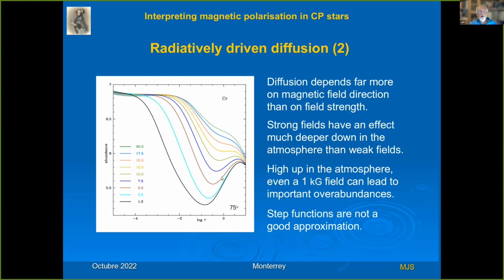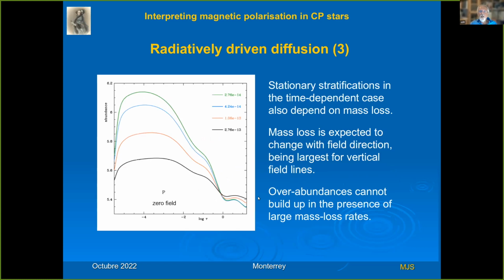And the stronger the field is, the stronger these abundances already grow in deeper layers. And usually these stratifications have been approximated by simple step functions, but as you can see, that's not a good approximation.